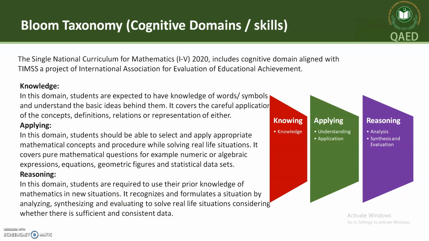In this domain, students are expected to have knowledge of words and symbols, and understand the basic idea behind them. It covers the careful application of concepts, definitions, relations, and representations.